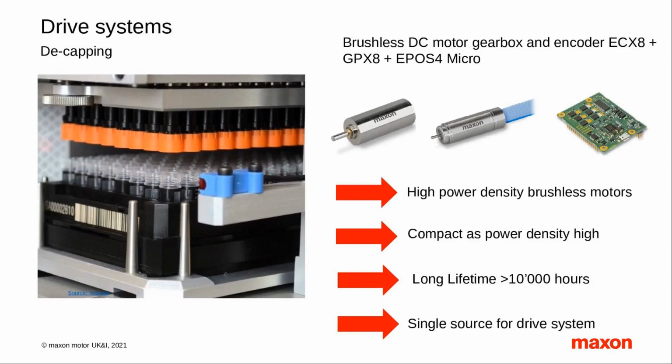So this application here, decapping, it doesn't sound very glamorous, but it is vital. Essentially, putting caps on and off vials. What's important here is that you want the part or the mechanism that decaps or puts the cap on as close to where all the vials or sample bottles are.